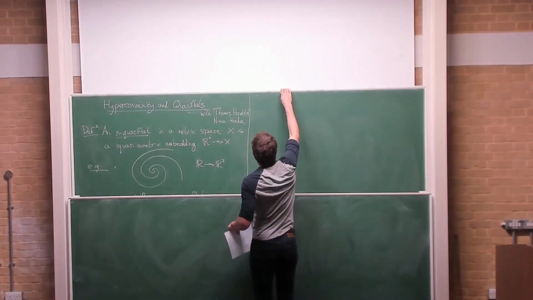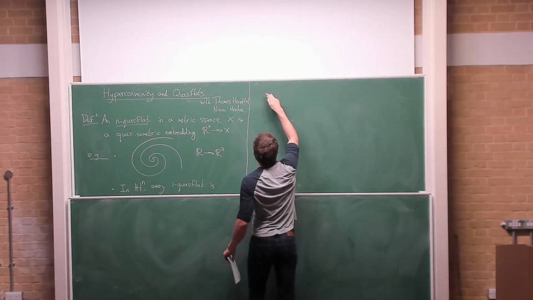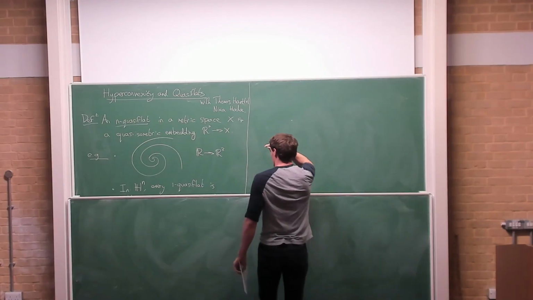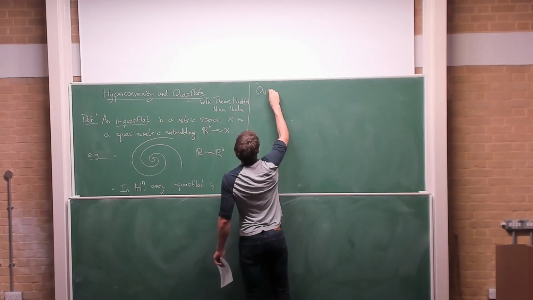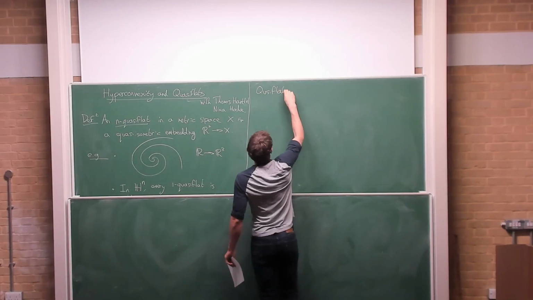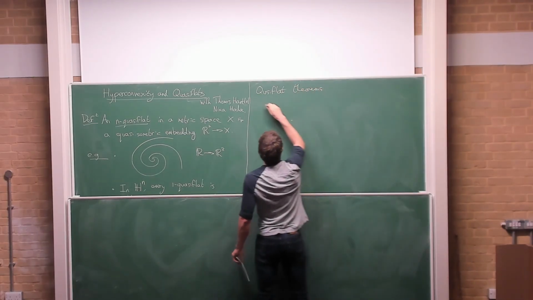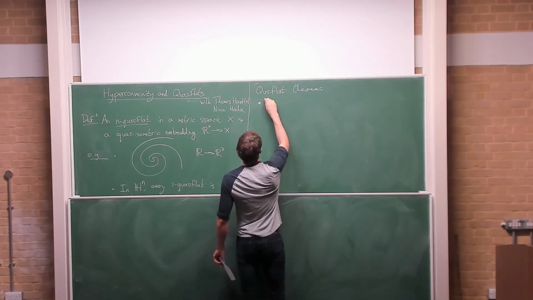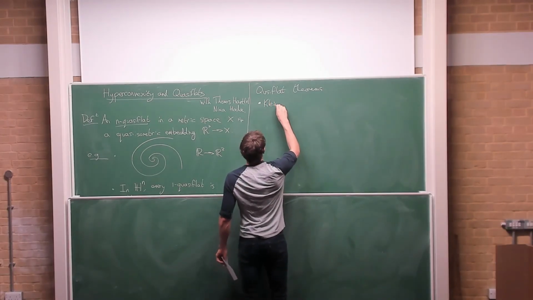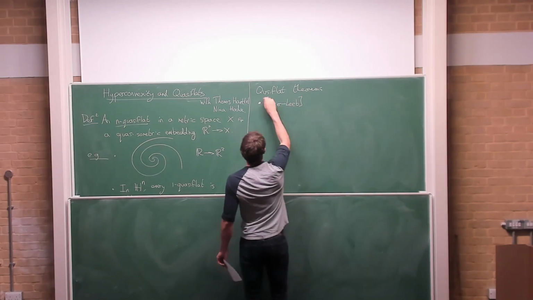Quasi-flat theorems. An early one is due to Kleiner and Leeb.